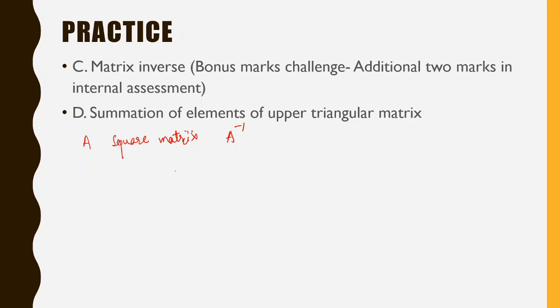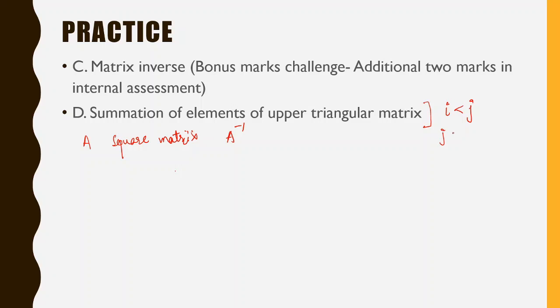And then you have to find the summation of elements of upper triangular matrix. Remember, the condition for upper triangular matrix is the row index to be less than j index, as we have already seen in the previous session.